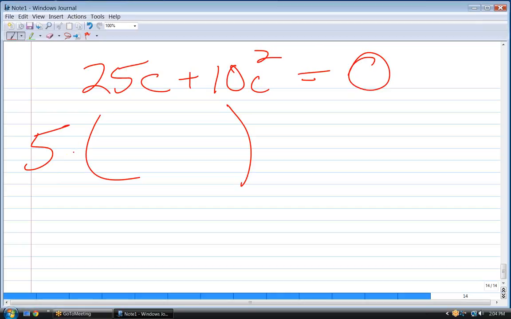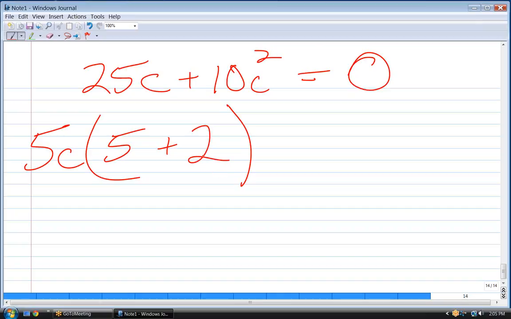The letter would be 1, c. Just c. c to the 1. Okay. What's in here? Okay, it'd be 5. c? Or just 5? Correct. And then it'll be 2. Plus 2. Do that final step.